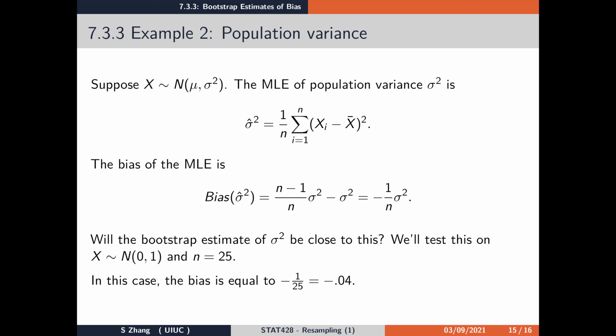Without loss of generality, we will test this on x following the normal distribution with mean 0 and variance of 1, and sample size equal to 25. In this case, we can plug in n and sigma squared into this bias formula, and we know that theoretically the bias should be equal to -1 divided by 25, which is -0.04.